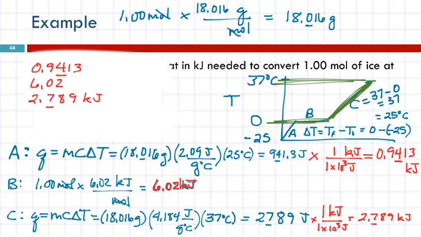It reminds me of the 789. I already told you that one, though, so I'm not going to do it again. I'm trying really hard not to. 0.9413 plus 6.02 plus 2.789.